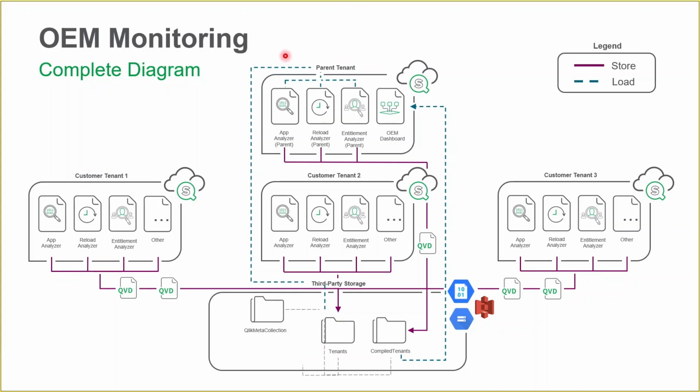Then we've got the OEM core monitoring apps on the parent tenant, which read the tenant's information from the core monitoring app and produce some compiled QVDs. And then the OEM dashboard just reads the compiled information from the compiled tenants directory.